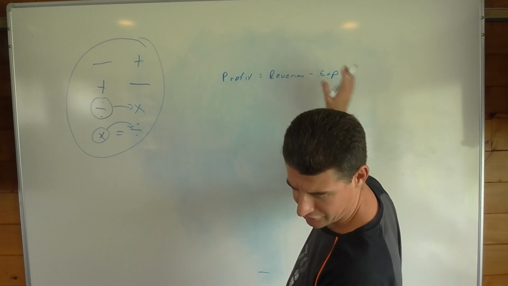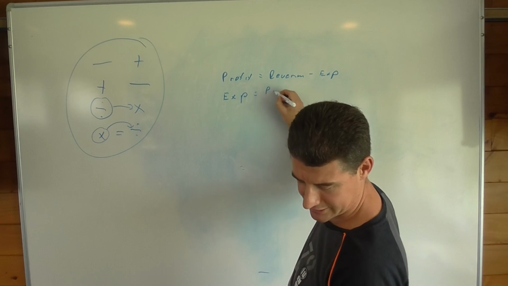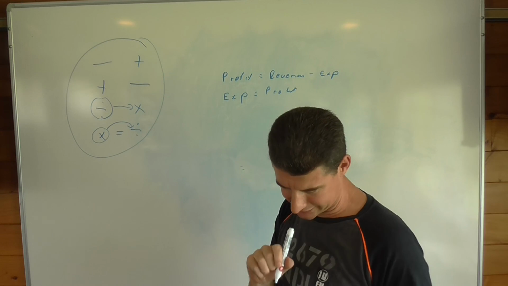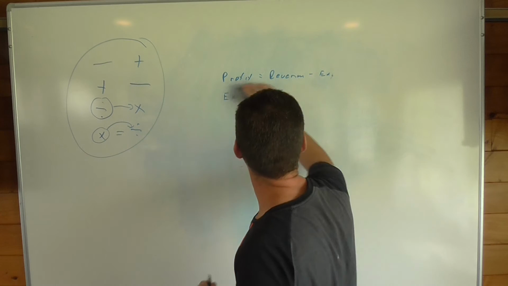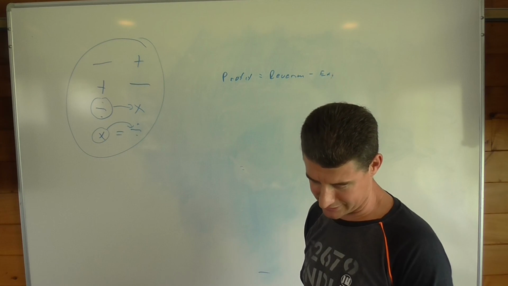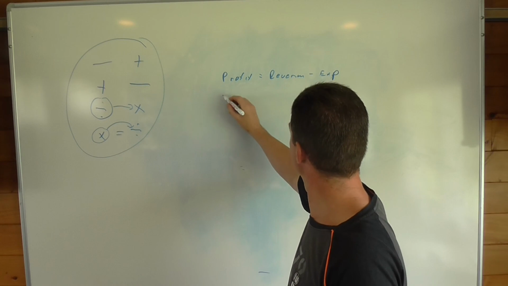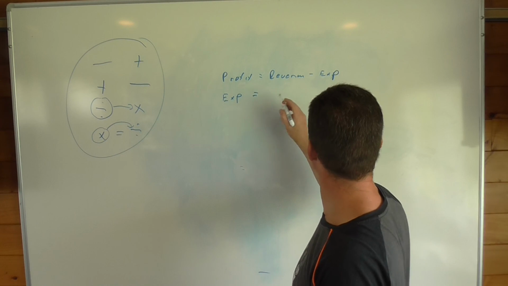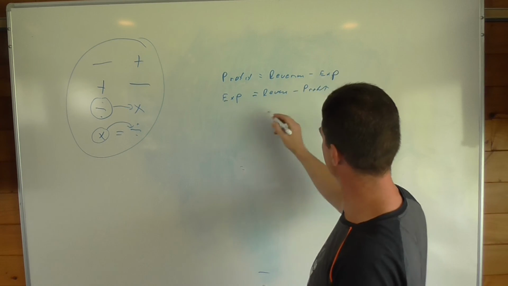So now if you change that around, your expenses will be your profit... where's my pen? Okay. Ooh, sorry. So your profit is your revenue minus your expenses. And your expenses then will be your revenue minus your profit. Yeah, if I remember correctly. Am I right? Yes.